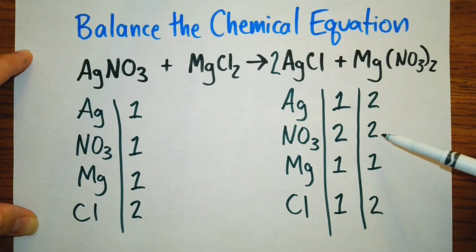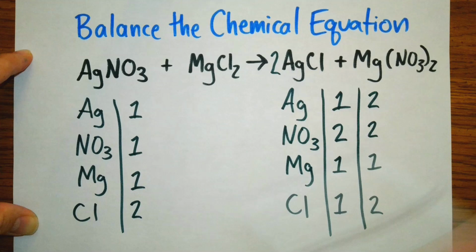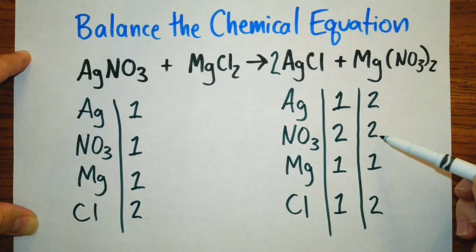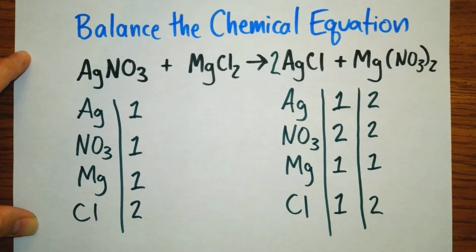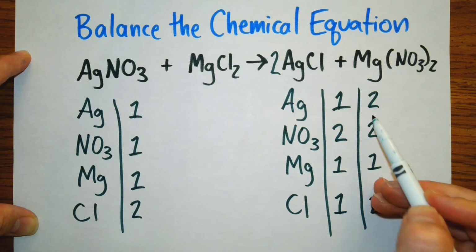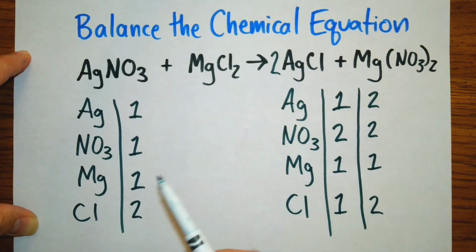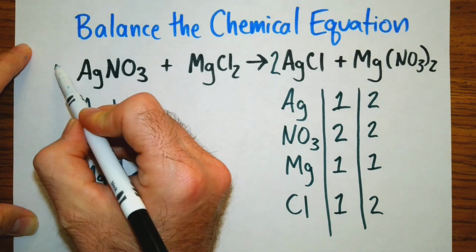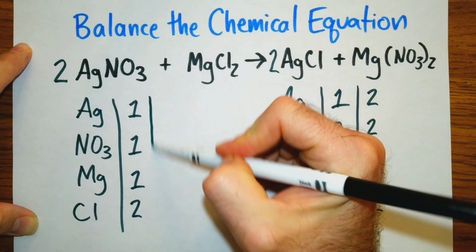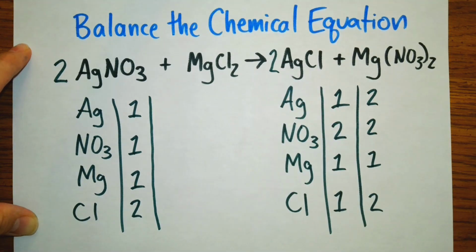Okay, the consequence of this is now our chlorines are balanced, but now we are out of balance with our silver and our NO3s. So let's just begin with our silvers. What number can I multiply times 1 to get 2? Well, 1 times 2 gives us 2, so we'll put a coefficient of 2 right here. Now that has consequences. Let's see what those consequences are.